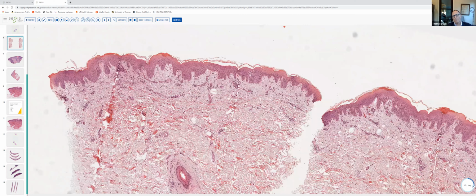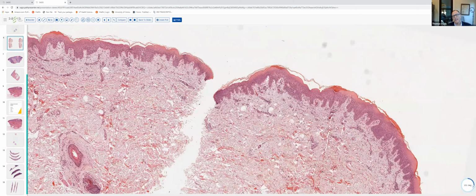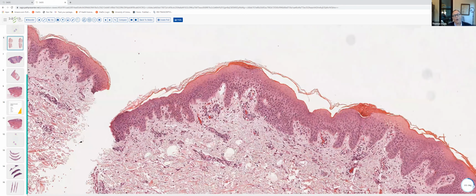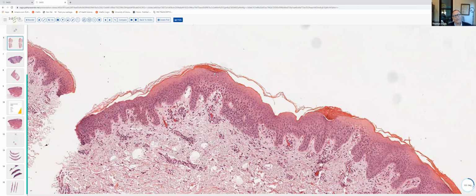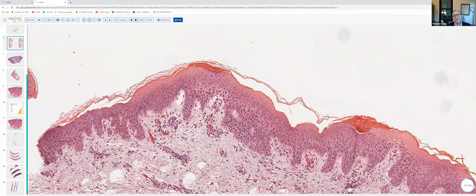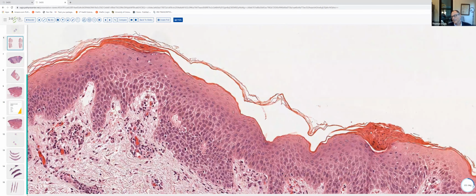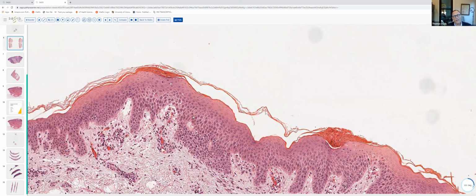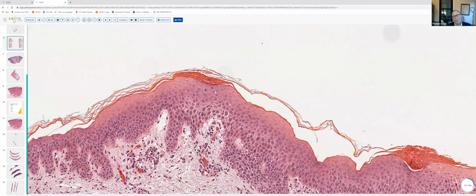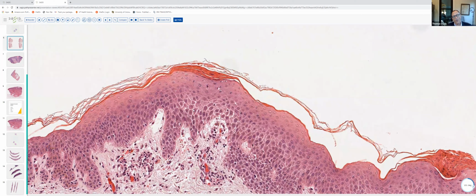And one can begin to detect, as one moves into higher power, subtle mounds of parakeratosis within the stratum corneum. A few of these contain a little bit of serum. And when we look in the underlying epidermis, we see very subtle and focal microscopic spongiosis.